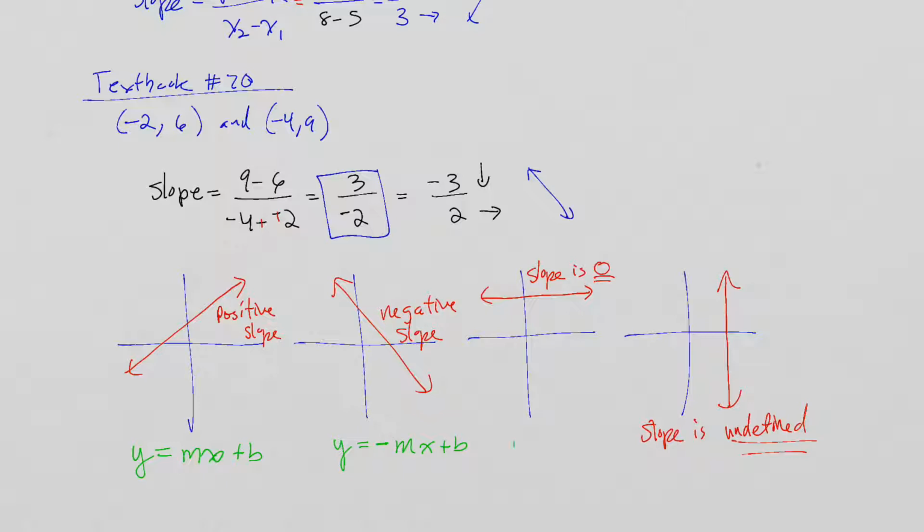This one is going to be y equals some number, and this one's going to look like x equals some number. So that's just to give you the equations for those 4. Now let's go ahead and talk about the y equals mx plus b in more detail.